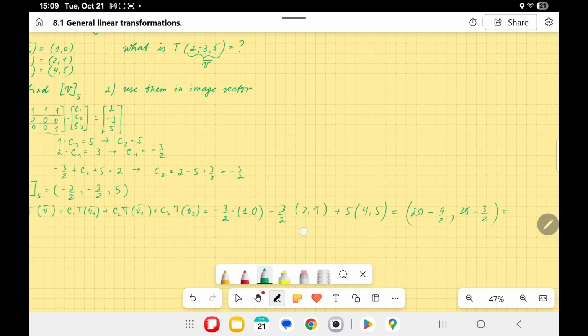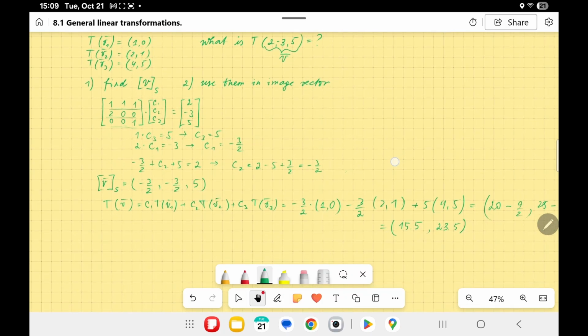I'm not 100% sure, but 9 over 2 is 4.5, so I have something like 15.5 here, and this one is 23.5, right? 25 minus 3 over 2. I think that's going to be my new vector. That's going to be my image in my new space W, which is a two-dimensional space.